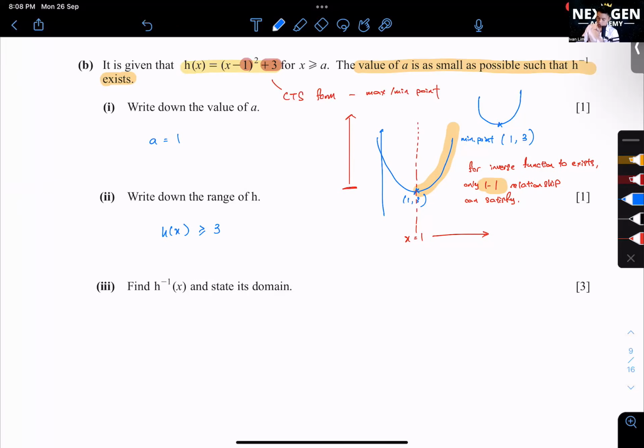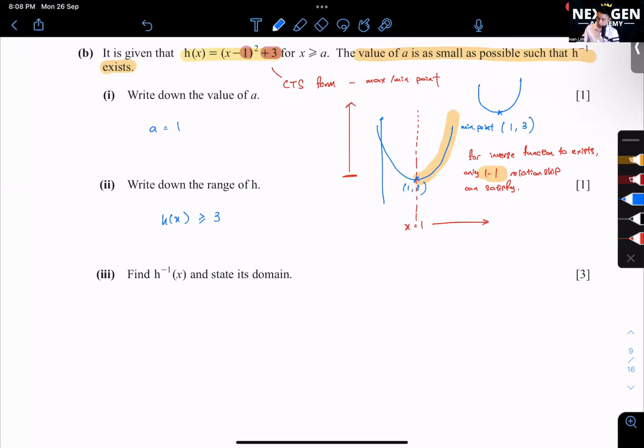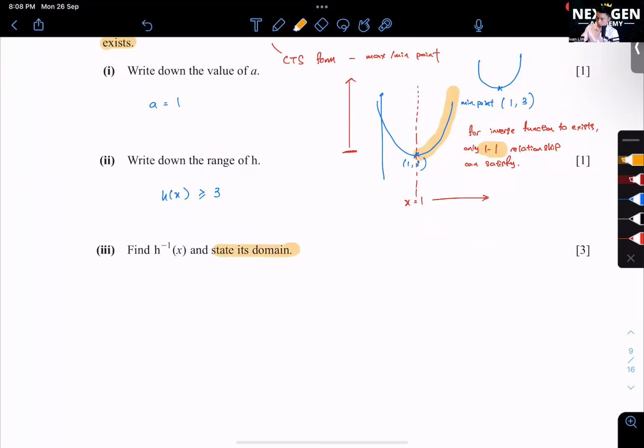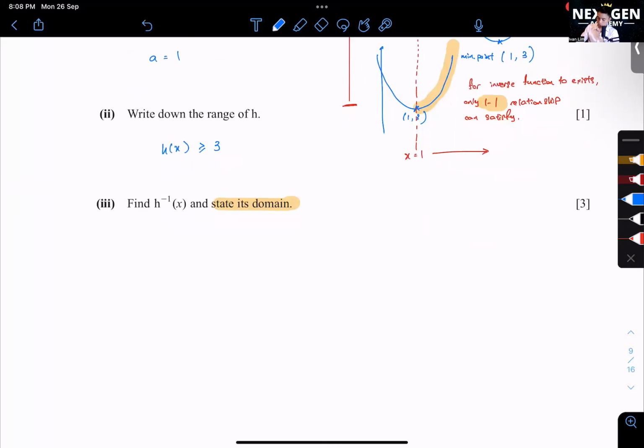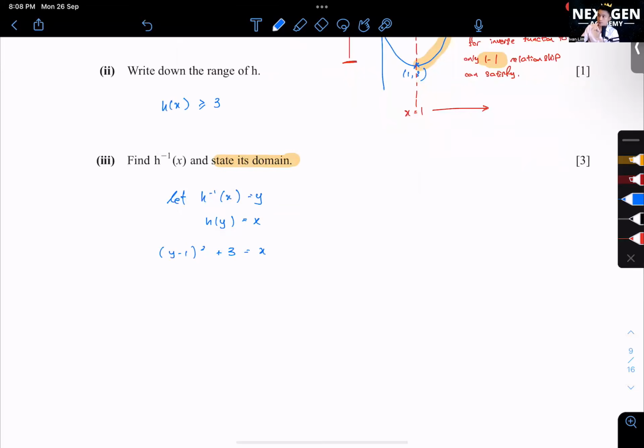Okay, find H inverse x, and then state its domain. I think most of you know how to do this. So for your inverse, let H inverse x equal y, so H(y) equals x. (y minus 1) squared plus 3 equals x. (y minus 1) squared equals x minus 3.